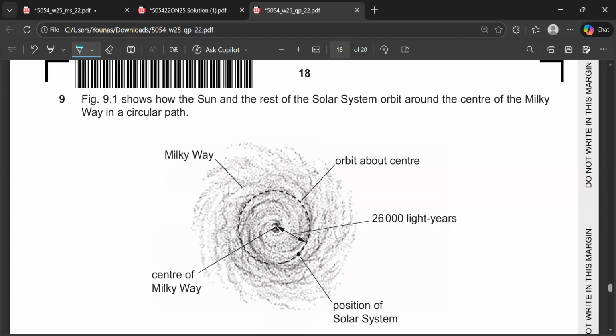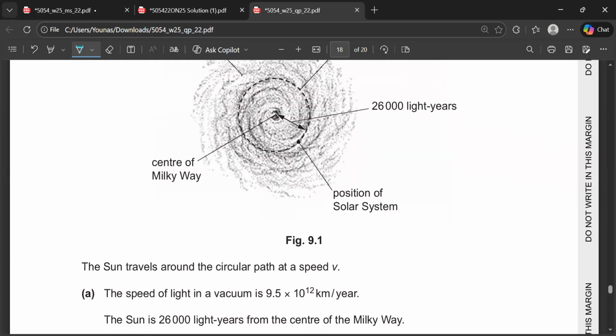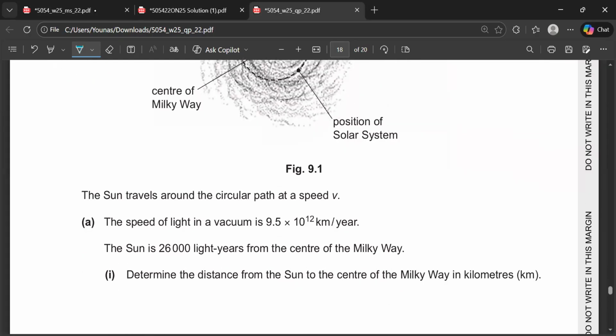Okay, so this is the Milky Way basically, and our sun is here and it's orbiting in a circular path. So what's the question? The sun travels around a circular path at a speed of v.